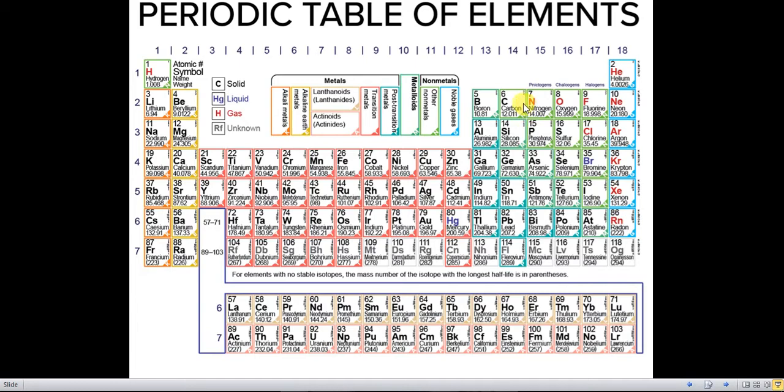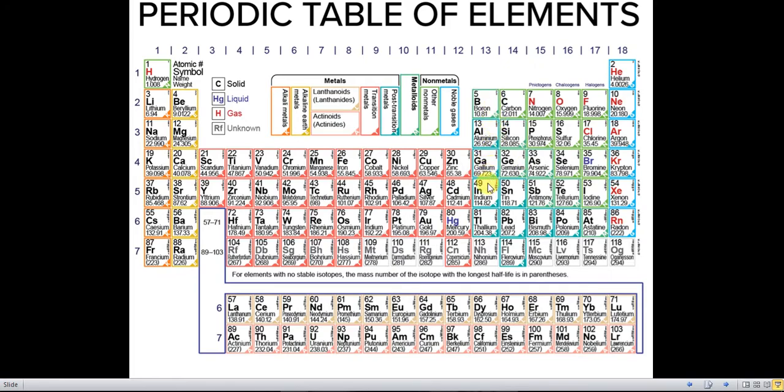Again, if you look on the right hand side of these metalloids, we have nitrogen, phosphorus, arsenic, antimony, bismuth, etc. These elements, nitrogen, phosphorus, arsenic and antimony, have 5 electrons in the valence band, hence these are called pentavalent.